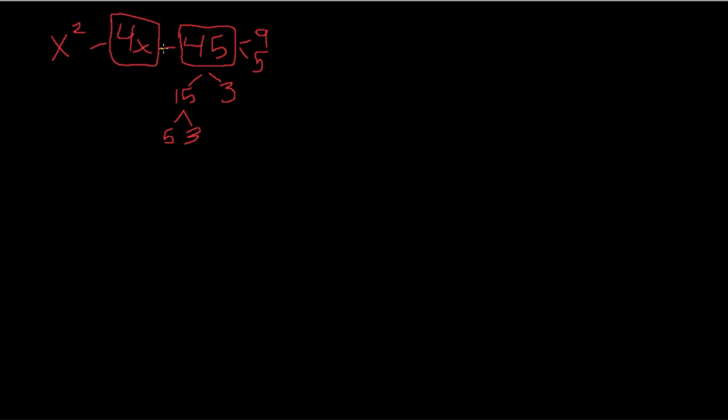the negative is very important. So you want numbers that will multiply to negative 45, but will add up to negative 4. And that happens to be 9 and 5, but the 9 is negative. So that means negative 9 times 5 equals negative 45, which is this one right here.